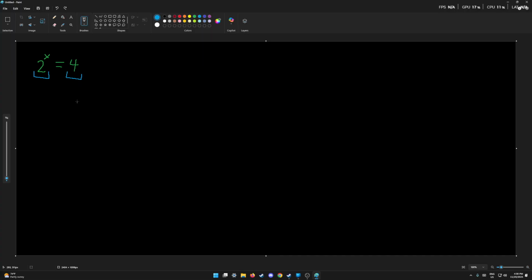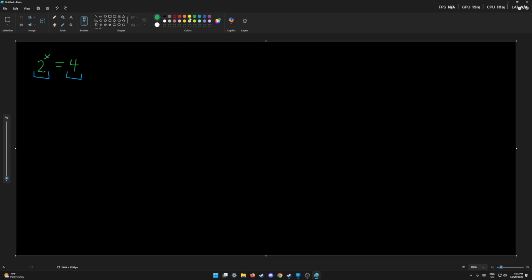So we're going to go from big to small most of the time. And whenever we have numbers that don't allow this to happen, let's say I have 3 to the x equals 4, we're not going to be able to do this trick. That's whenever you get into logarithms and stuff, and so we're not going to worry about that right now.